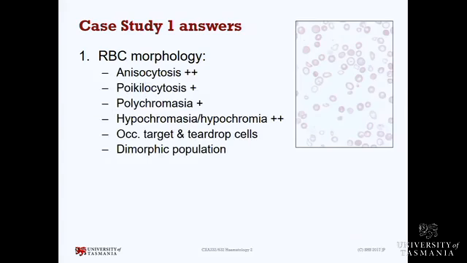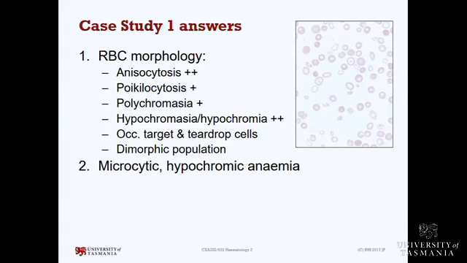So the red cell morphology, hopefully you wrote something like this. Yeah? Something along those lines. That, in various combinations and permutations, is a fairly standard microcytic hypochromic picture that you'd see in iron deficiency.